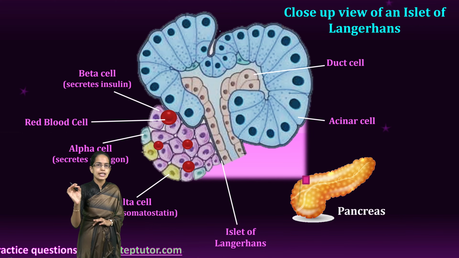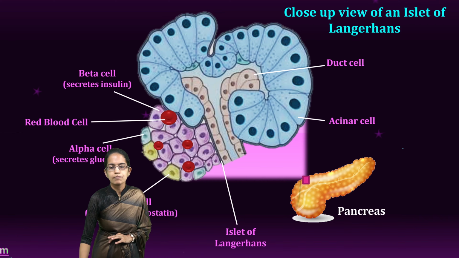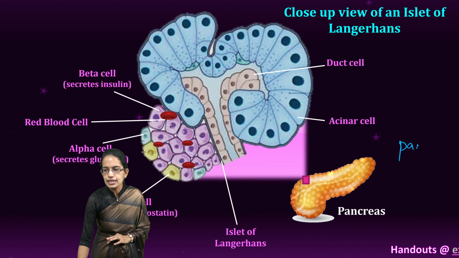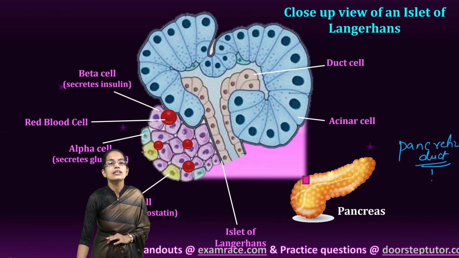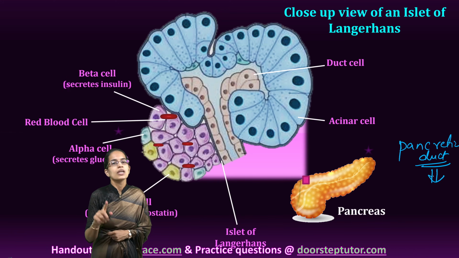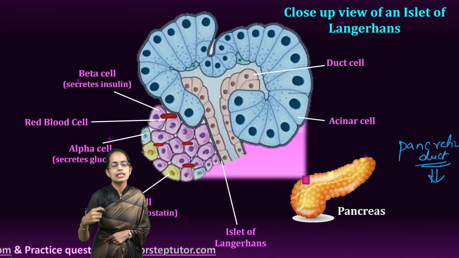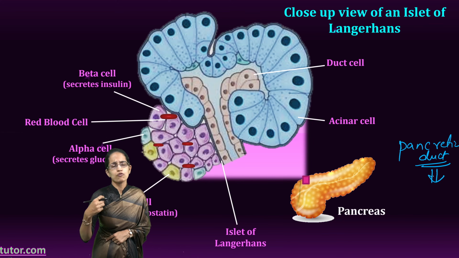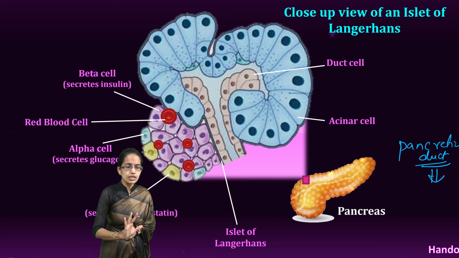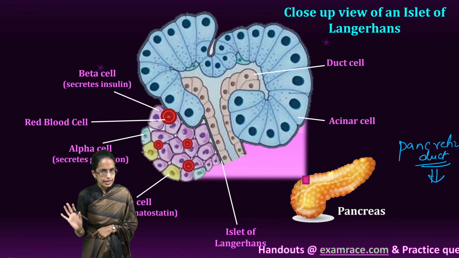So exocrine gland, I repeat again, in the pancreas is the region where you have the pancreatic juice which is carried by the pancreatic duct, and this duct empties into the duodenum. Duodenum is the first part of the small intestine, and this pancreatic juice contains the digestive enzymes useful for the digestion of the food. Coming back to the three important cells, alpha, beta and delta.